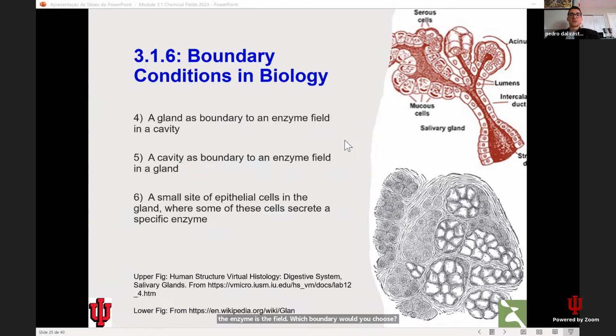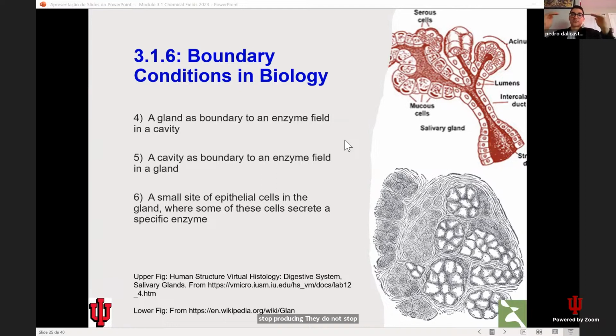Constant concentration, Sharon. Continuous derivative, constant derivative. Yes, I would model as a constant derivative, Sharon, because although you may have a very high concentration of, let's say, HCl inside the stomach, the glands do not stop producing.